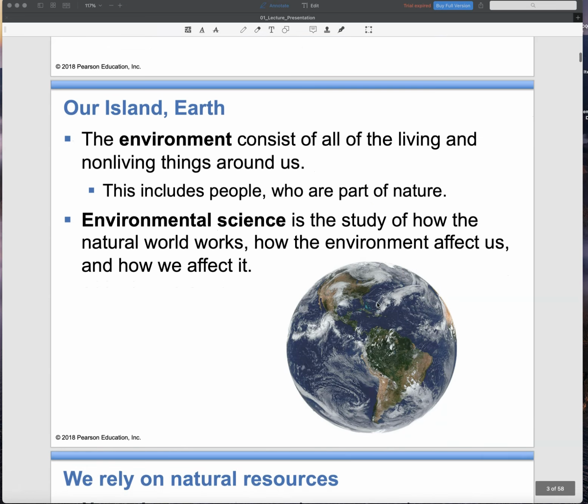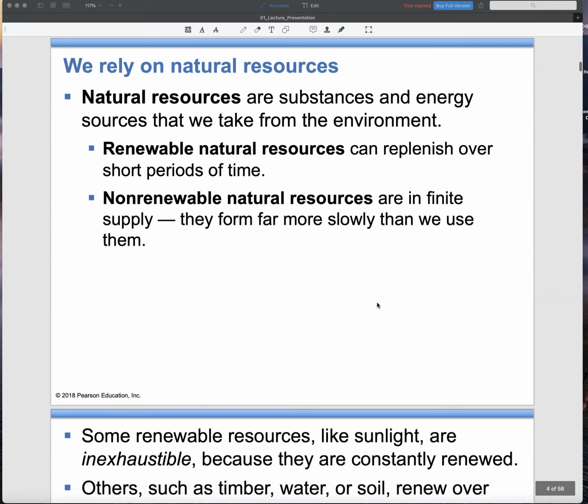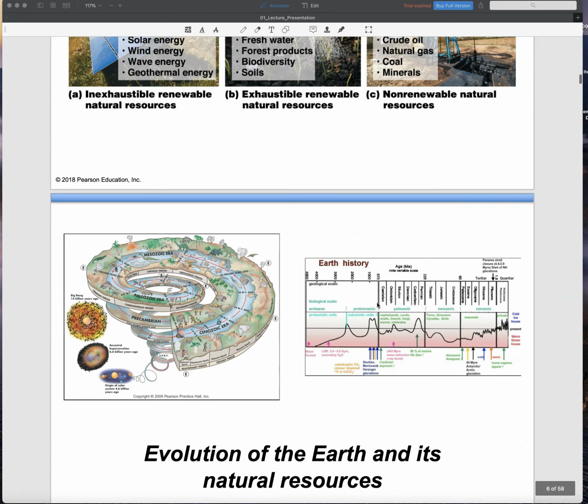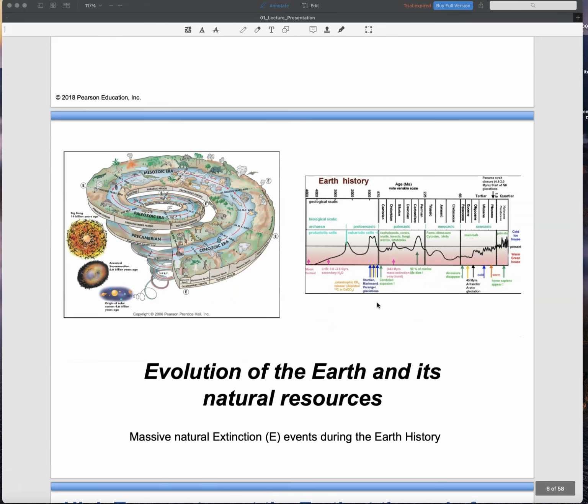I'm going to skip some of the slides and go through those in which there is not too much documentation in your textbook. For instance, this one about the evolution of the Earth. Why did I include this slide here?